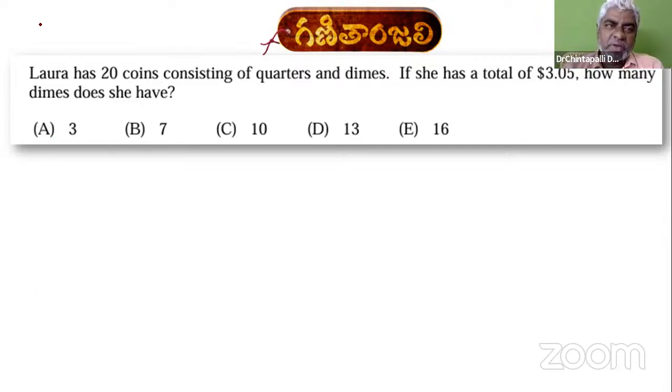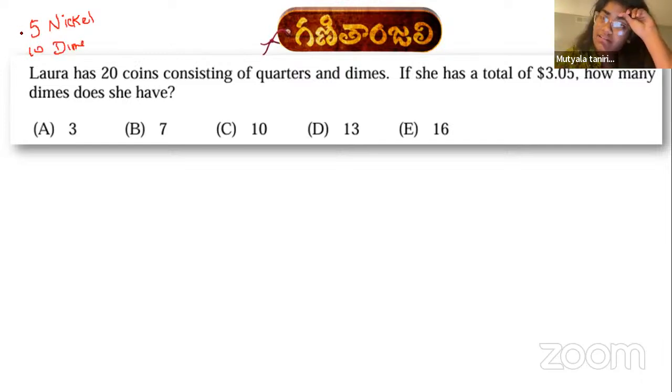Okay, I got it. 5 cents is a nickel, 10 cents is a dime, and 25 cents is a quarter. Do we have a $50 coin, sir? 50 cents is just called 50 cents. That's not a different name. There is nothing new in it.